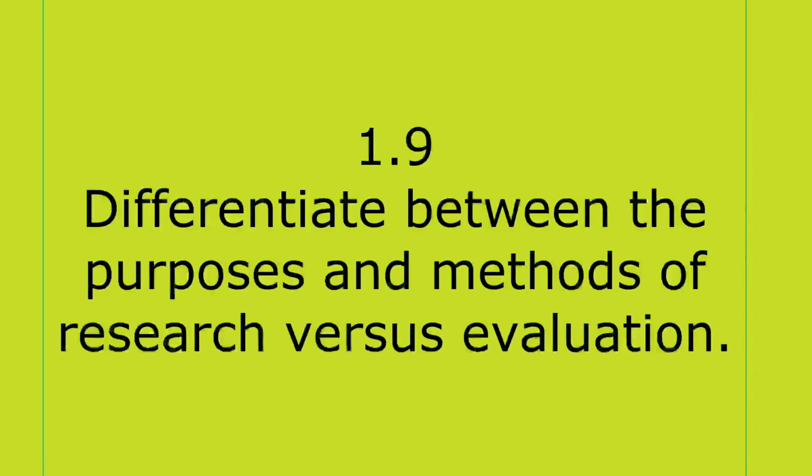And so I provide some information and examples in the course notes about the difference between those two. Being able to do that objective will help frame your thinking and how you move forward with the course project.